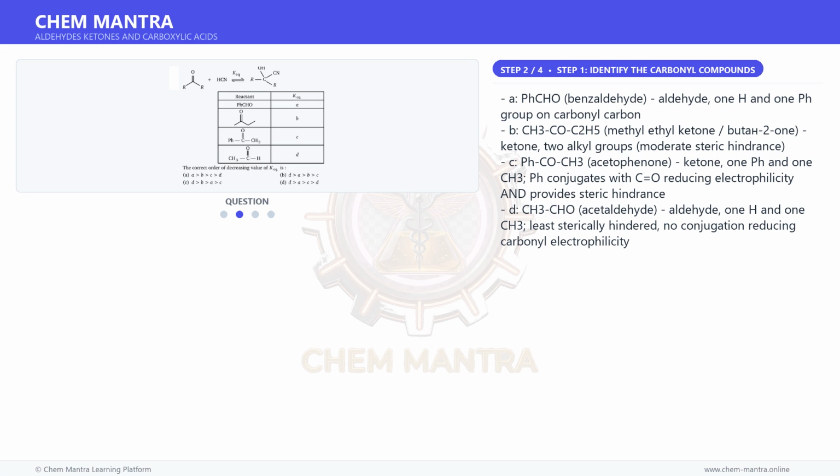C. PhCOCH3, acetophenone, a ketone, 1 Ph and 1 CH3, Ph conjugates with C=O, reducing electrophilicity and providing steric hindrance. D. CH3CHO, acetaldehyde, an aldehyde, 1 H and 1 CH3, least sterically hindered, no conjugation, so the carbonyl electrophilicity is not reduced.